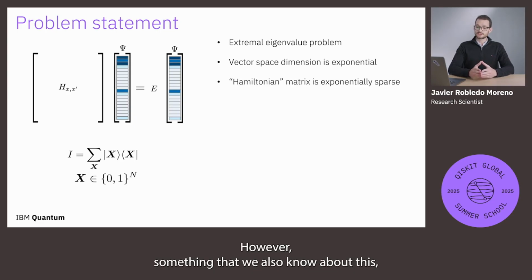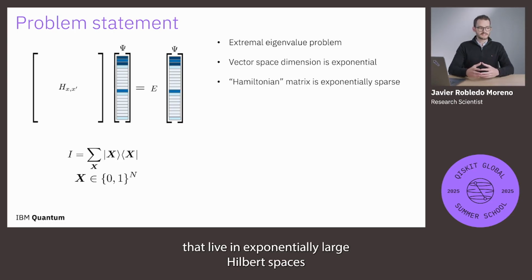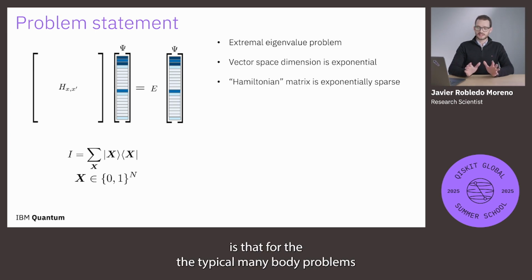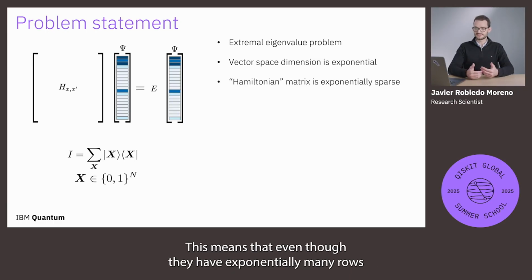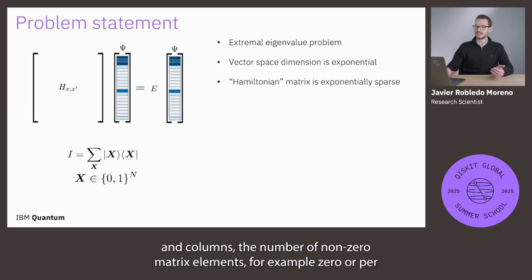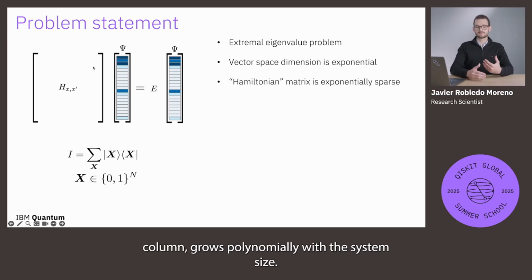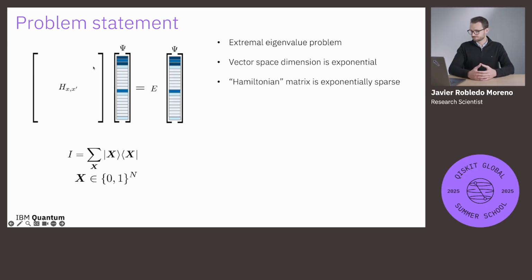However, something that we also know about these Hamiltonians that live in exponentially large Hilbert spaces is that for the typical many-body problems that we are interested in, these matrices are exponentially sparse. This means that even though they have exponentially many rows and columns, the number of non-zero matrix elements, for example per row or per column, grows polynomially with the system size.